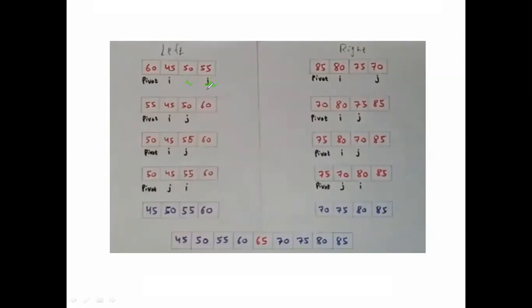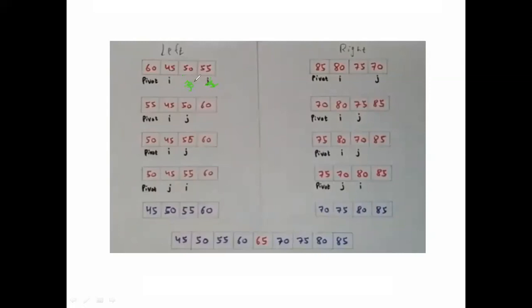Then decrement j, so j value is here 55, 55 is less than 65, decrement j, j comes here. Sorry, j stay here only. J is greater than pivot, decrement j by 1.